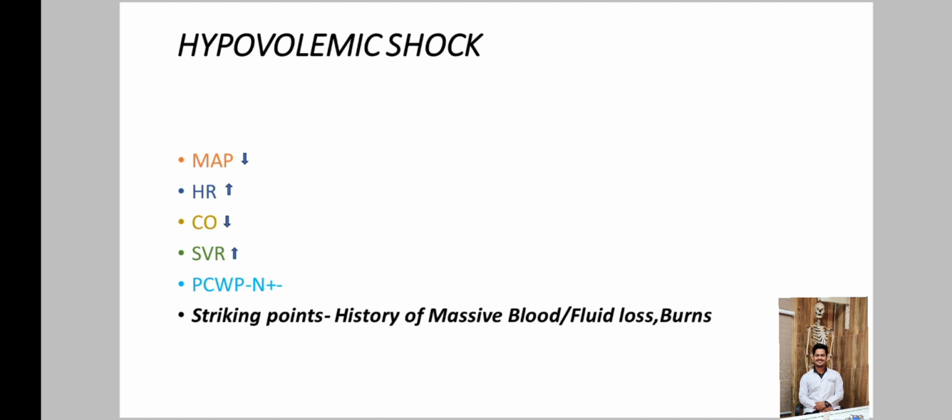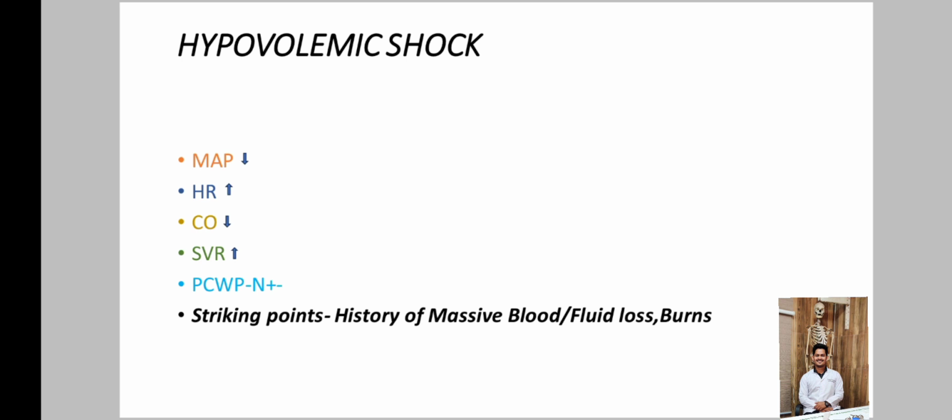Blood pressure is the byproduct of cardiac output and systemic vascular resistance. So if we make a simple equation out of it, blood pressure or the mean arterial pressure is the byproduct of cardiac output and systemic vascular resistance.